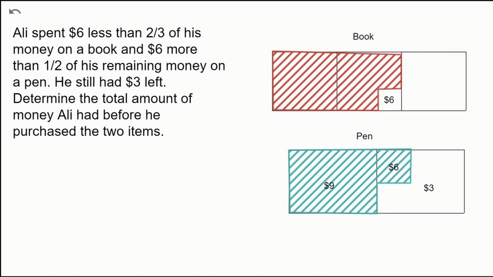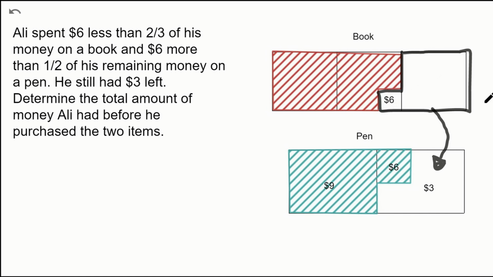Since the second diagram is the amount of money Ali had after buying the book, that means the amount of money Ali had after buying the book was $18. Meaning that this area over here, the unshaded portion of the first diagram, the amount of money he had remaining, meaning after buying the book, is also the $18 represented on the second diagram.